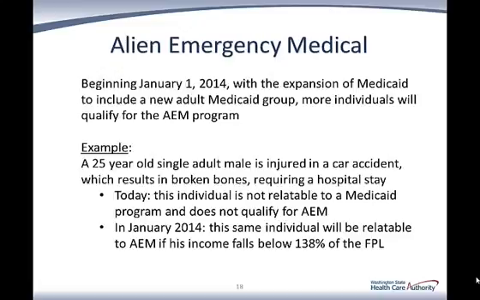Previously, this individual was not relatable to a Medicaid program and did not qualify for AEM. In January 2014, this same individual will qualify for AEM if his income falls below 138% of the federal poverty level. If this individual's income falls below 138% of the federal poverty level, then a non-grant medical determination is not needed.